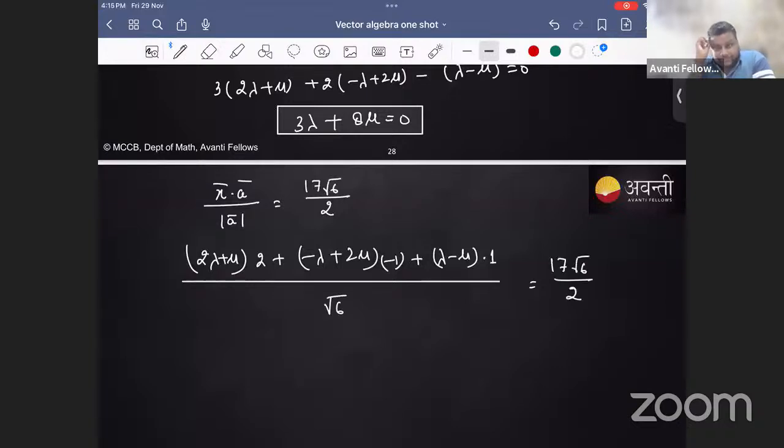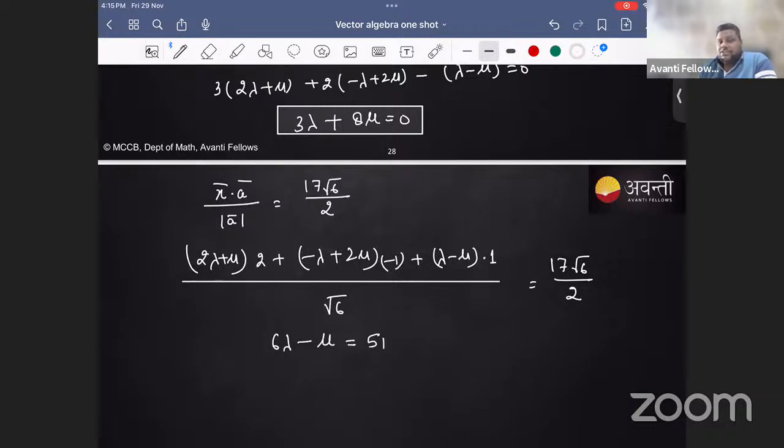Am I correct? Fair enough? So it is 4 lambda, 5 lambda minus lambda, so 6 lambda; 2 mu minus 2 mu is 0, minus mu. 6 lambda minus mu, with 6 going to the right side, 17 into 6 by 2, is 51.